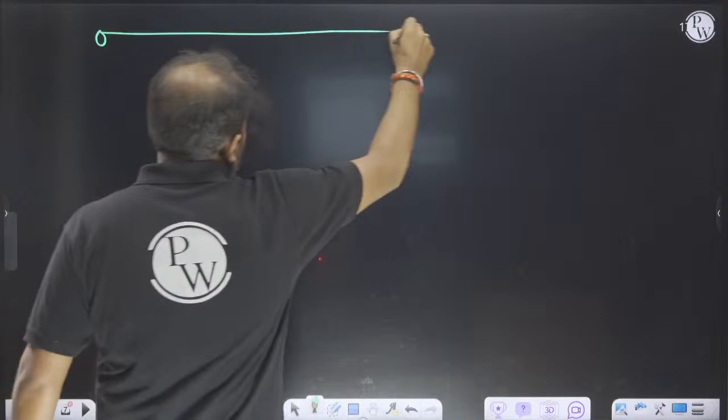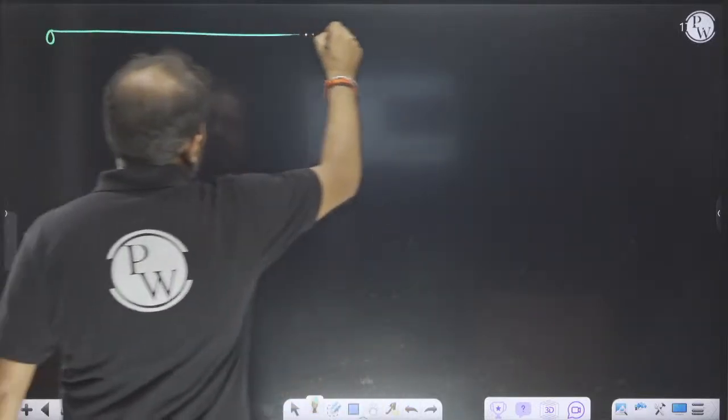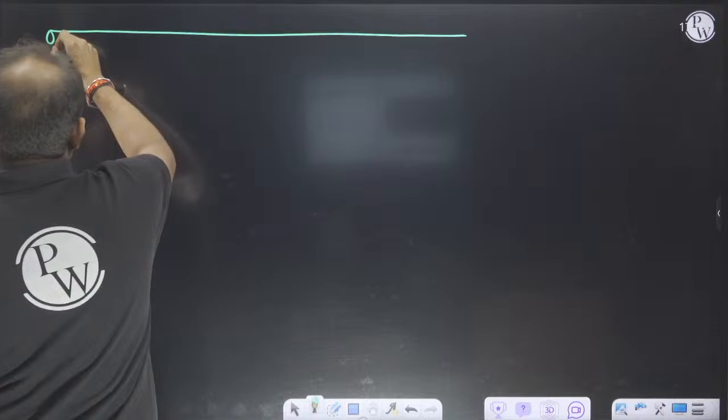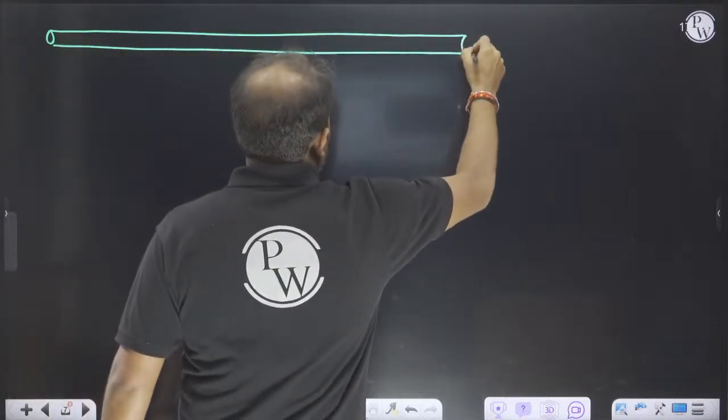Then we have a transmission line. Yes sir, this is the transmission line. I will teach you how it is plus 1 and how it is minus 1.